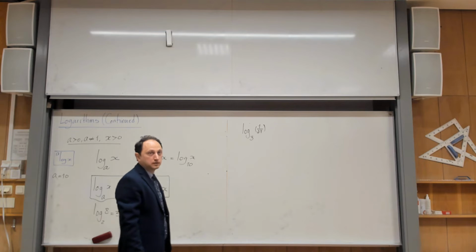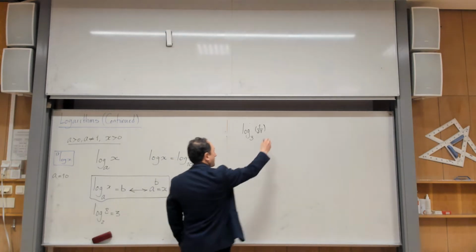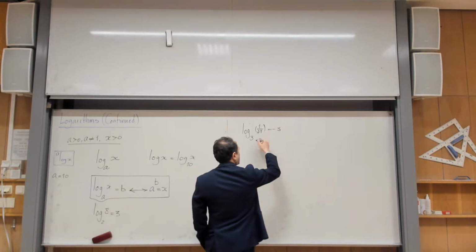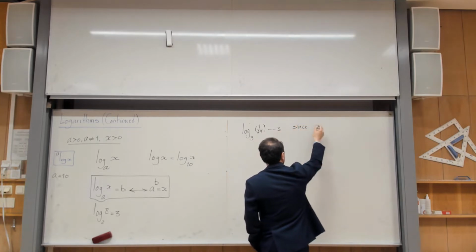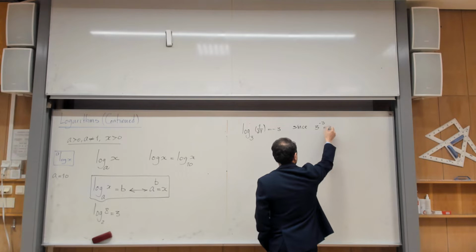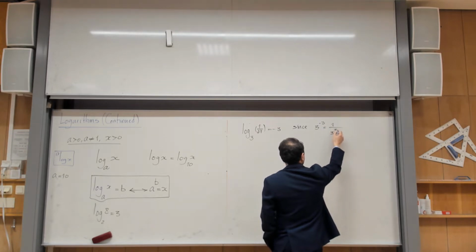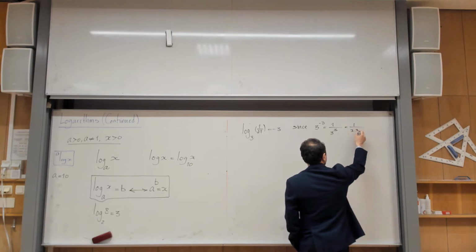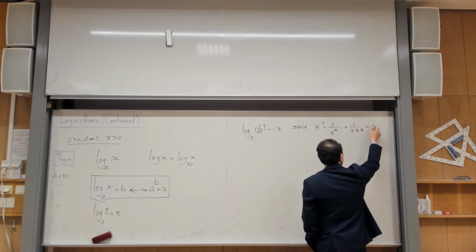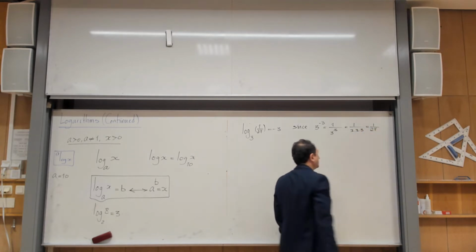Yes, Sergey? It's minus 3, yes? Why is that? Because 3 to the power of minus 3 is 1 over 3 to the power of positive 3, but this means 3 times 3 times 3, and then everyone knows that it is just 1 over 27.